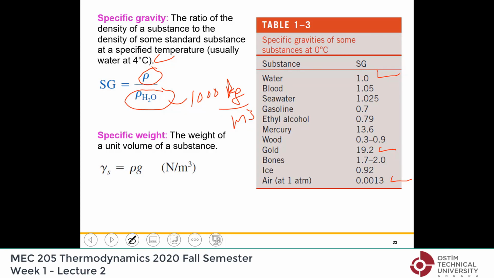And another property we often use is specific weight, which is density times gravity, in Newton per cubic meter. We don't use specific gravity and specific weight very often, but sometimes they are used, so you should know what they are.